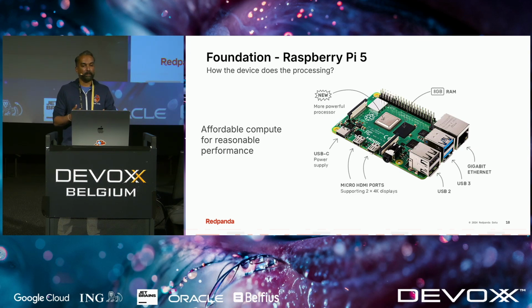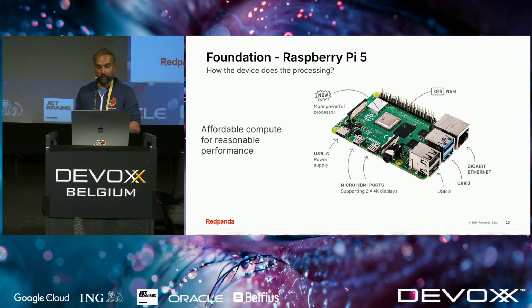For example, if I consider Raspberry Pi 5, the latest one, you could buy this board with 8 gigs of RAM and a quad-core processor for less than $100. In the UK, it is about £75.